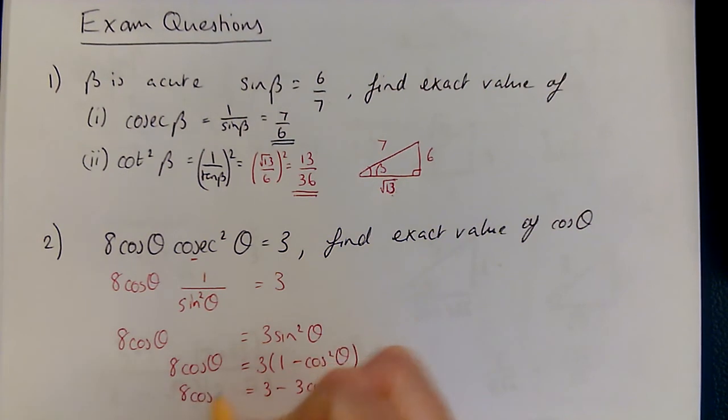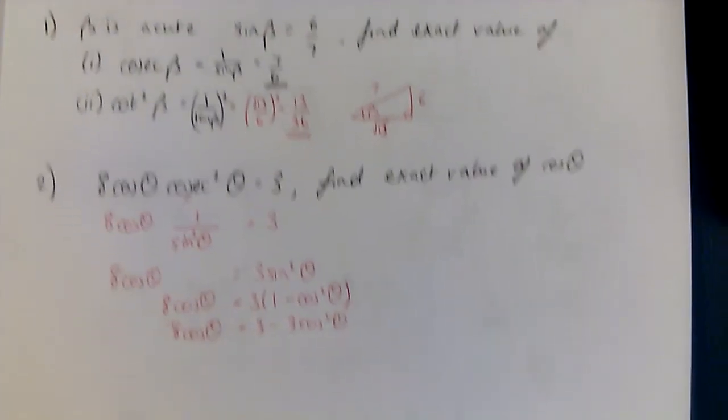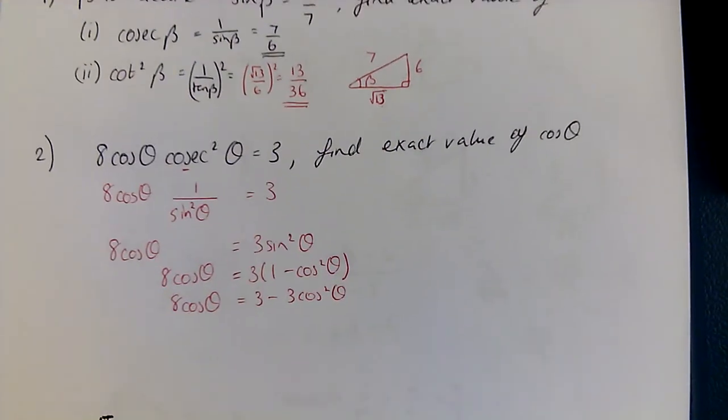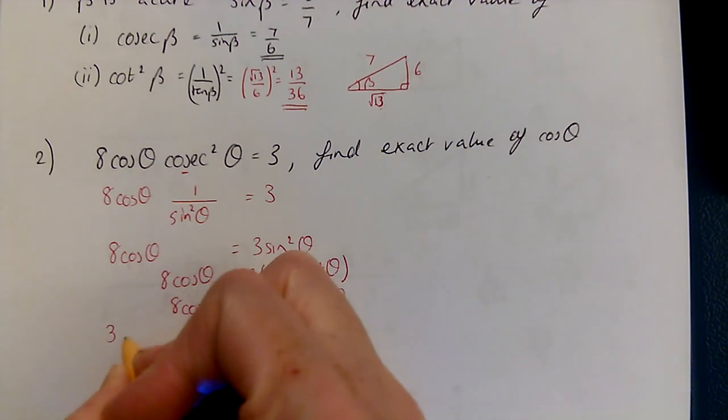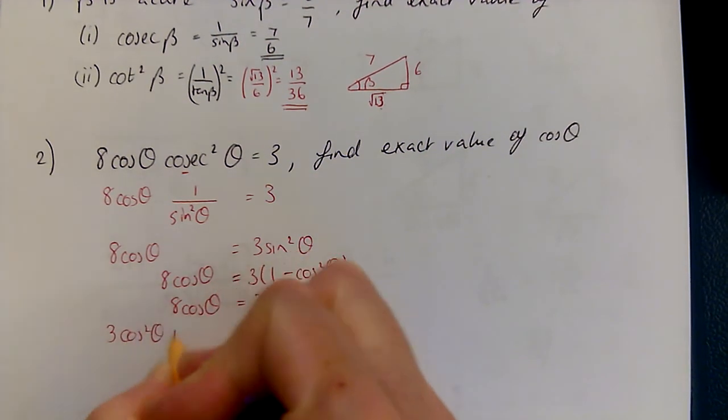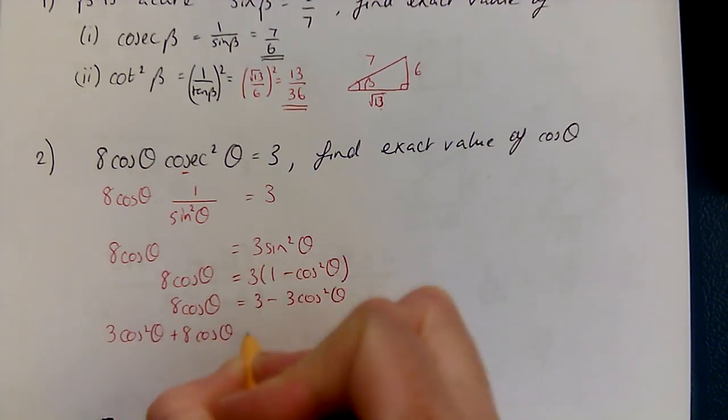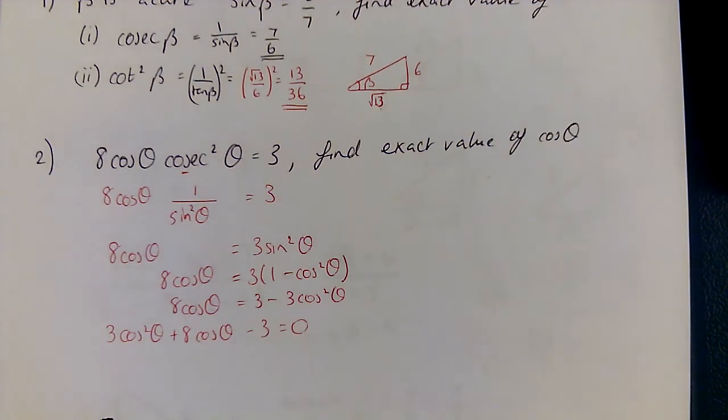And now we can see we have an equation in cos. So let's move everything to one side. I'll move it all to the left. So we've got 3 cos squared theta plus 8 cos theta minus 3 is equal to 0.